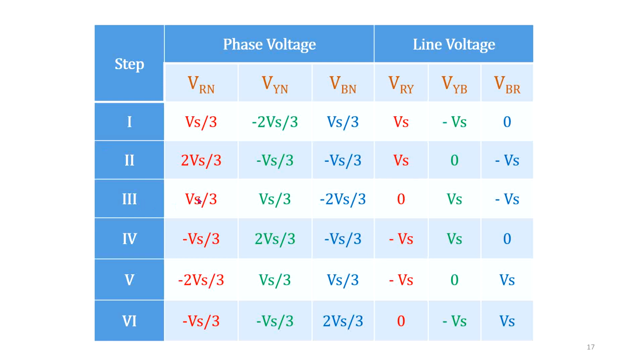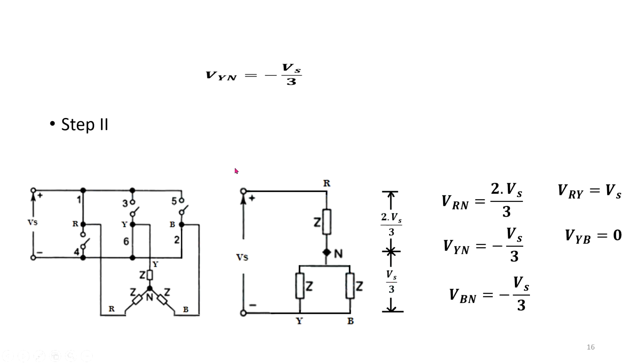From that calculation, we have repeated just 2 cycles, and we have seen that these are the phase voltages. Two phases are Vs/3, Vs/3, and one phase is always 2Vs/3. Similar is the case in the previous slide that you have already seen.